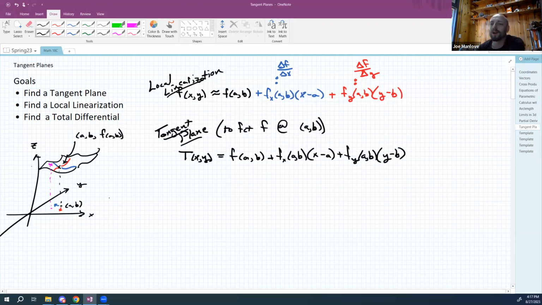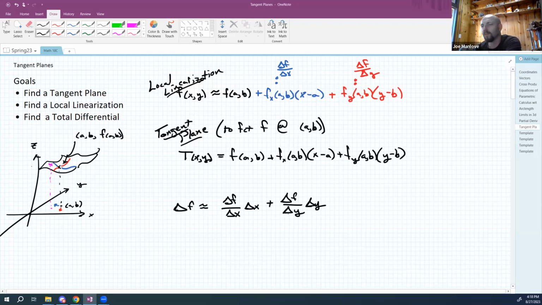And then a total differential is just me rephrasing my linearization. So I'm going to say that the change in f is basically the change in f due to change in x times the x change, plus the change in f due to changes in y times the y change.